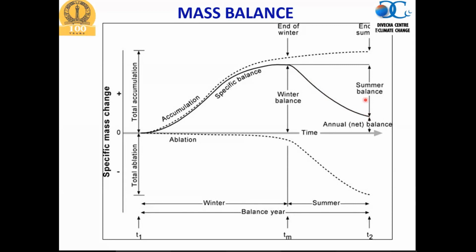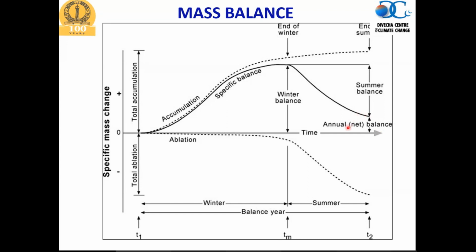So what really happens is you have total accumulation like this and total melting like this. This much difference is the annual net balance. The amount of snow left at the end of summer is the annual net balance.